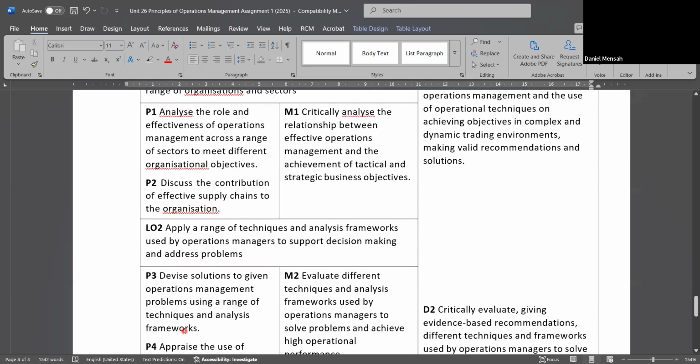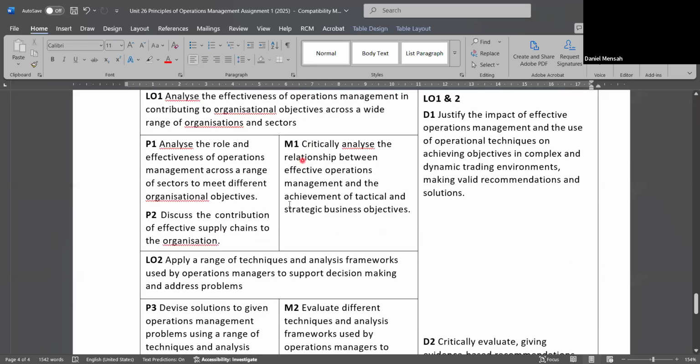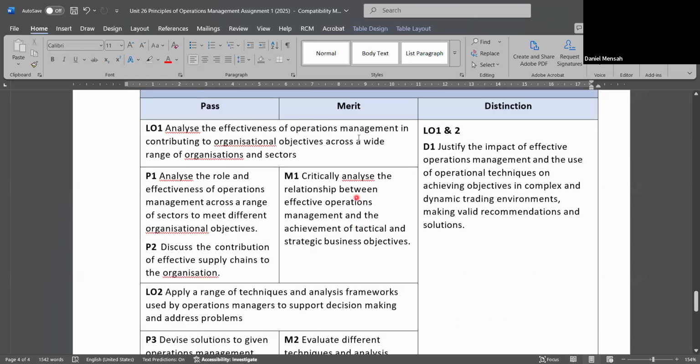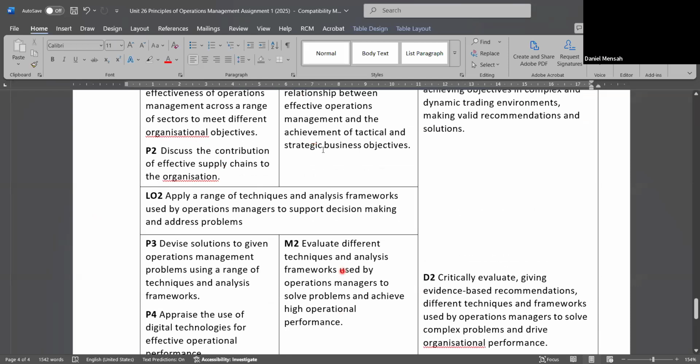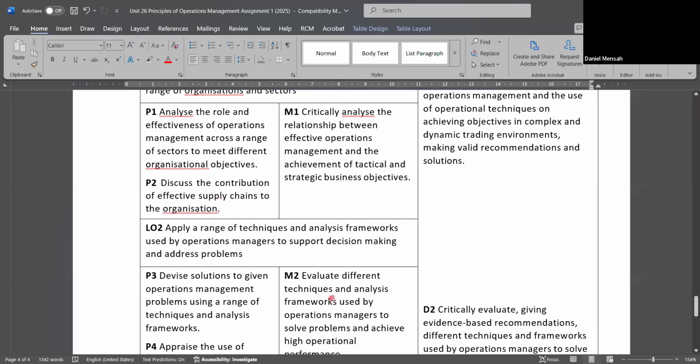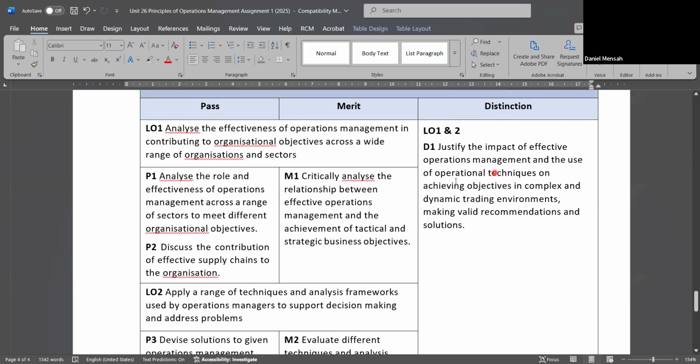Okay. If you want to achieve merit, then first you need to meet all the criteria of pass. Then you need to meet all the criteria of merit. So there are two criteria, M1 and M2. Similarly, you will follow the same practice for distinction.